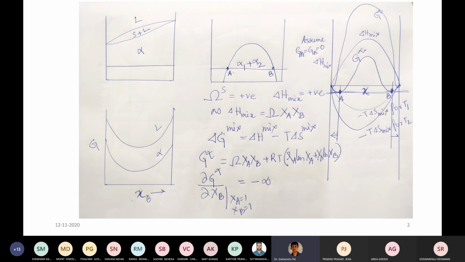So you see it drops by a small extent and then starts rising at the top. In all cases, it will never start rising from zero. It should drop and then rise. Why is it so? Again I am repeating that del G by del XB should be negative.